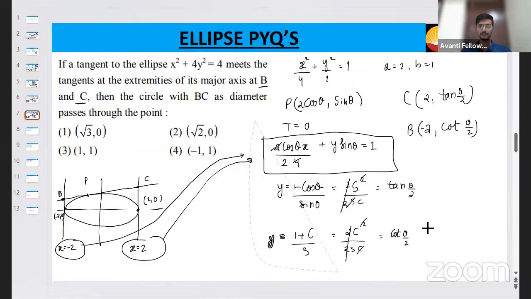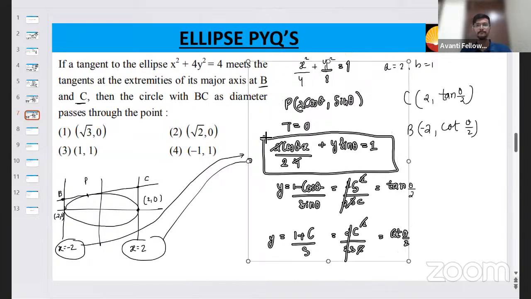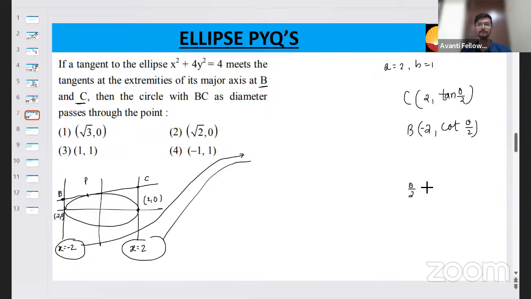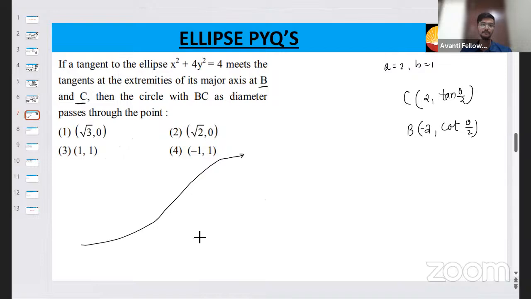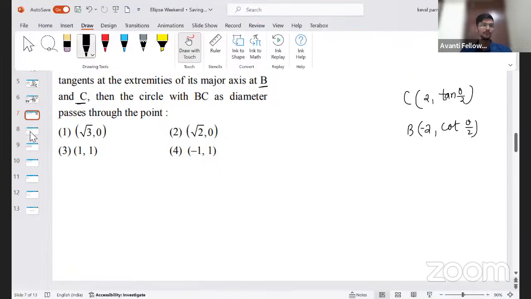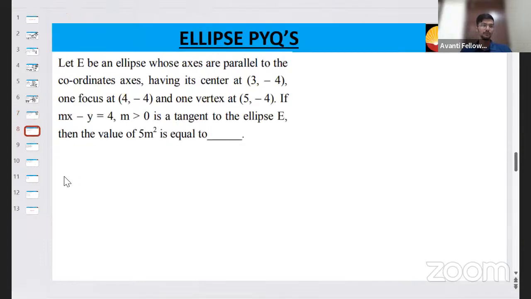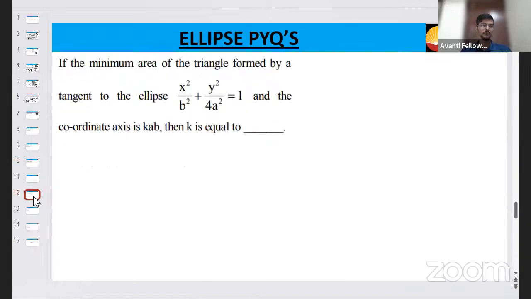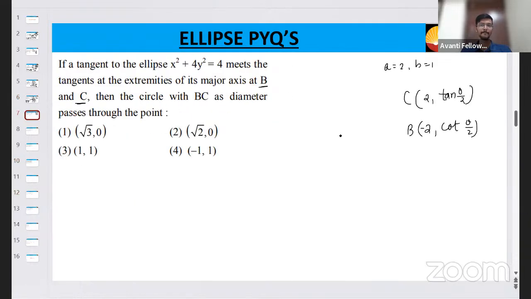We'll cancel out this. We'll write it here. You can use this space as well. Yeah.